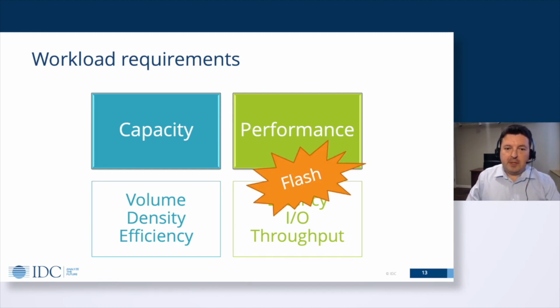And of course, if you didn't know before, you'll know after this event that flash technology is very well suited for meeting the performance requirements, even as its ability to meet capacity-related requirements is also improving over time.